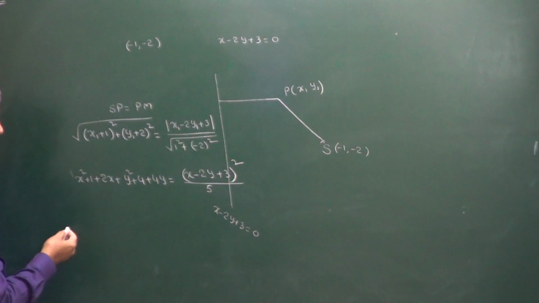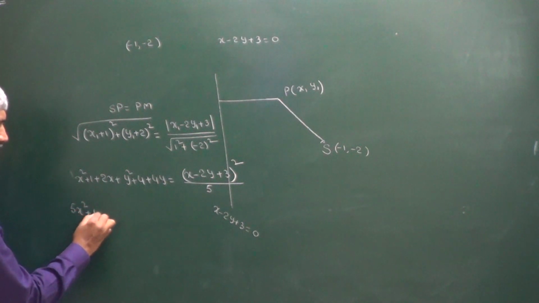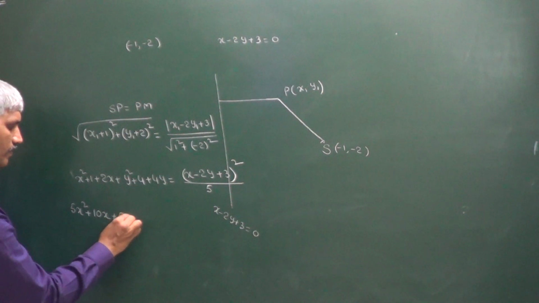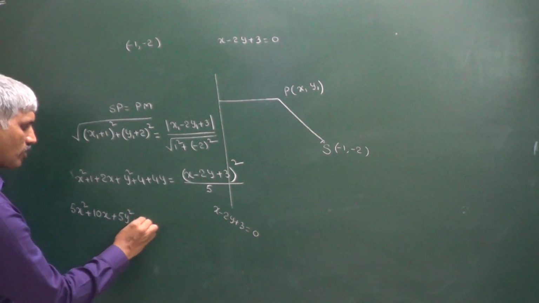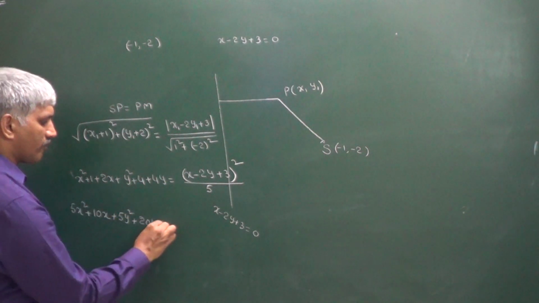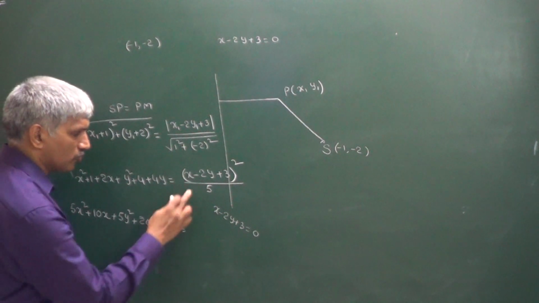Now its further simplification, we can do it as 5x square plus 10x, plus 5y square plus 20y. 4 plus 1 is equal to 5. 5 fives are 25 is equal to, here also we have to do the squaring.